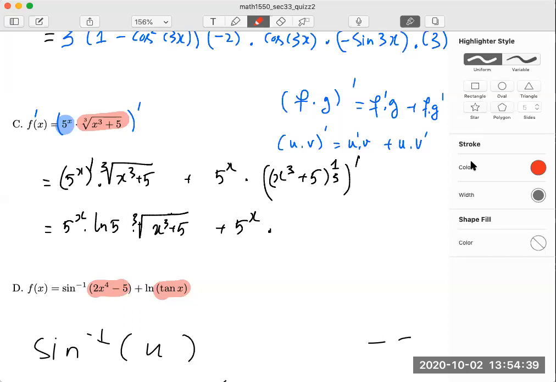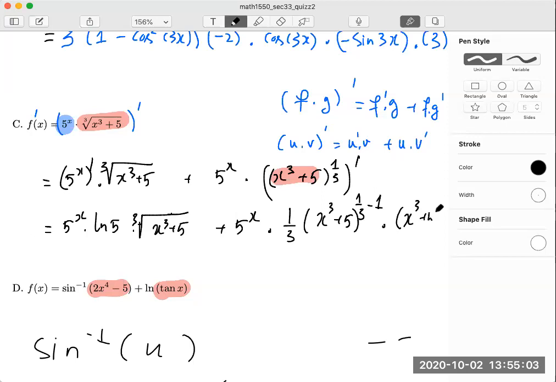And in our case here, u is x cubed plus 5, okay? Then just write it. 1 over 3, x cubed plus 5 to the 1/3 minus 1 times the derivative of x cubed plus 5.